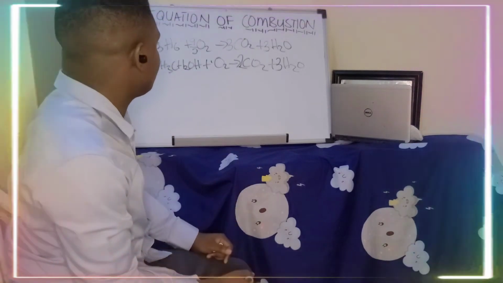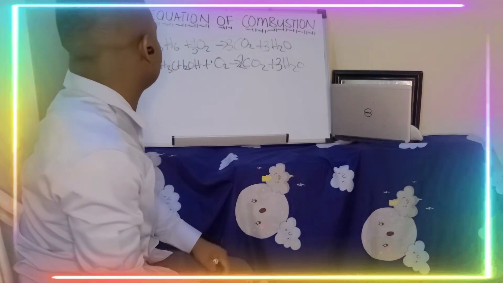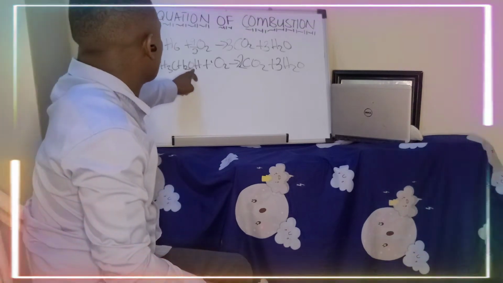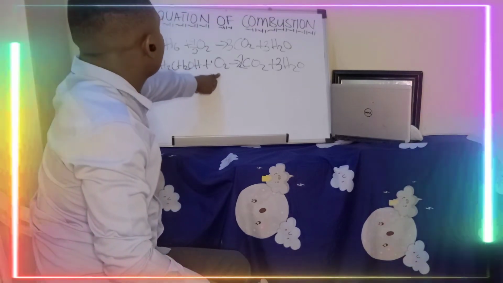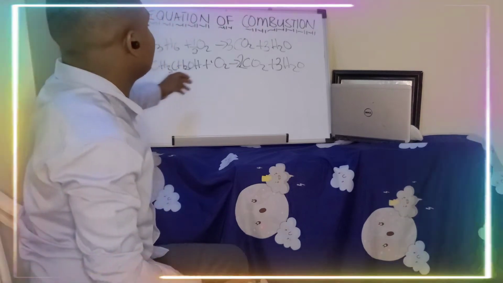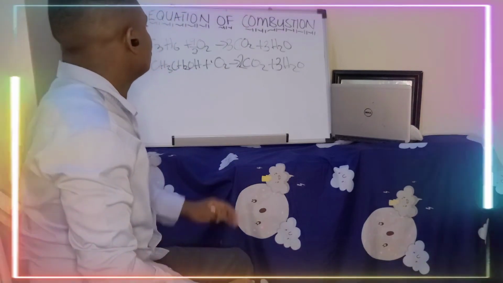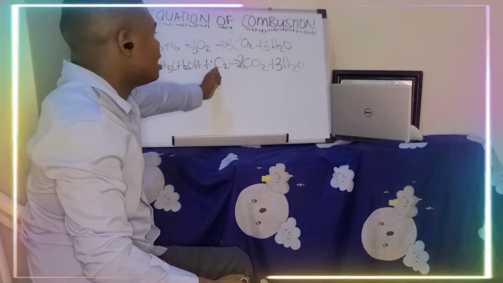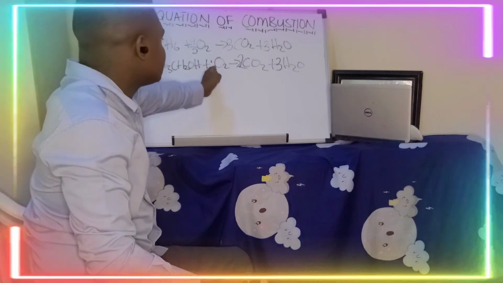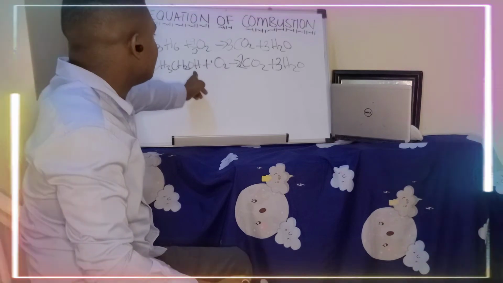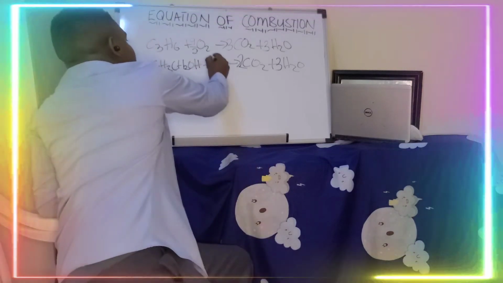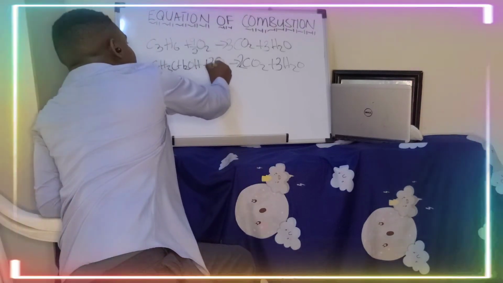When you put your 2 there, now you're left to balance the oxygen. We have got 1, 2, 3 on the left hand side, and then here you have got 4 plus 3, which equals 7. So what is needed is to make this number become 6 oxygen atoms, and then you can add this 1. So you will simply put a 3.